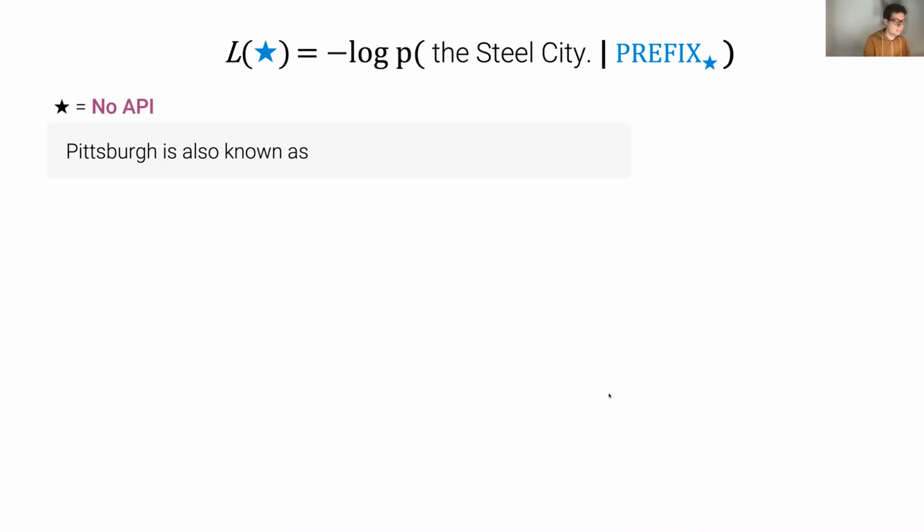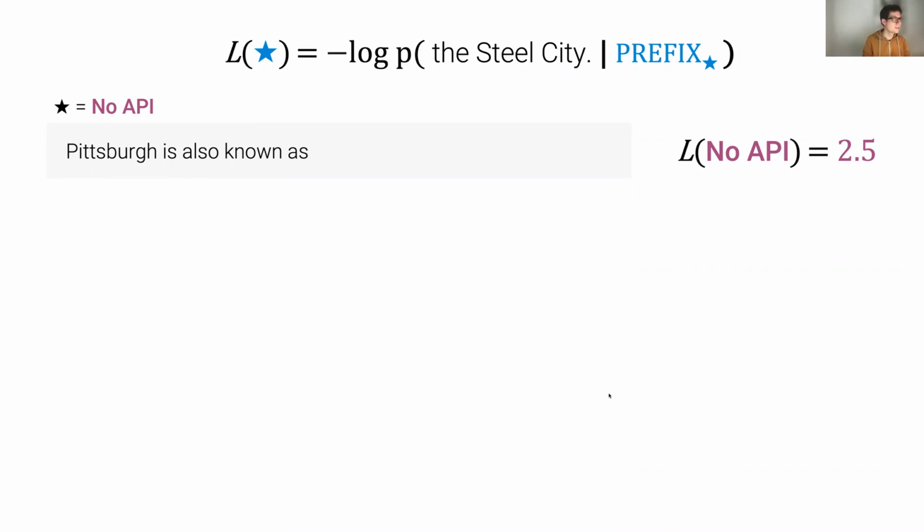And let's say, for example, that the loss that we get for the sentence is 2.5. What exactly we get here, of course, really depends on what kind of language model we use. Some language models might already know that Pittsburgh is the Steel City. We might get a very low loss. Others might not have that information and accordingly produce a higher loss.